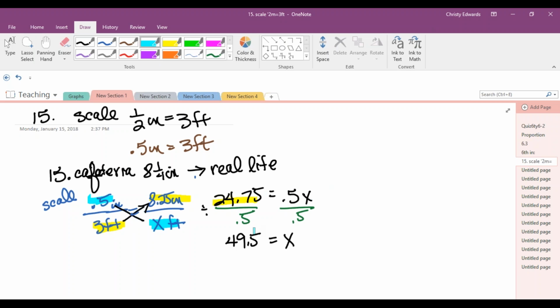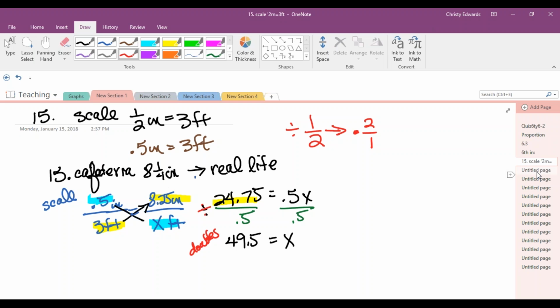You divide by 0.5 on both sides. Dividing by a half is the same as multiplying by 2 over 1. Have you ever thought about that? Remember our fraction section? Dividing by a half is the same as multiplying by the half flipped over. So it shouldn't be that surprising that 24.75 divided by 0.5 in your calculator actually doubles the 24.75 if you think about what dividing by fractions actually is. Isn't that interesting?